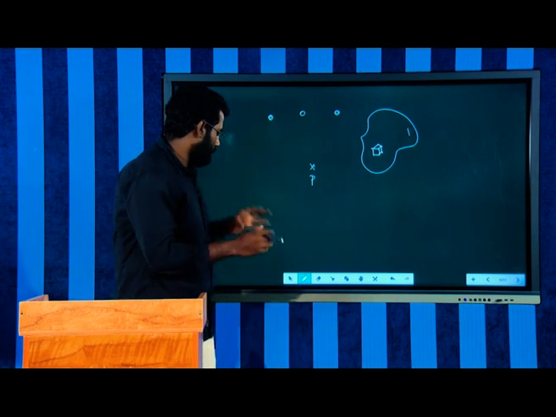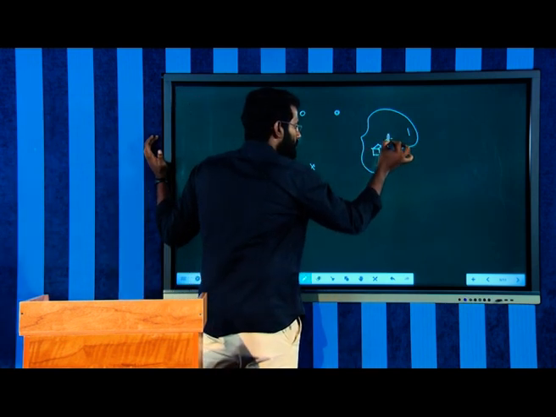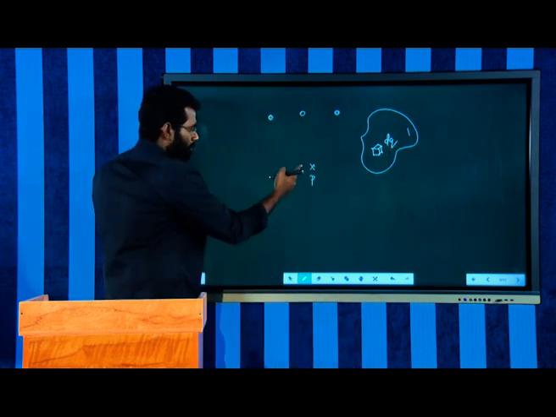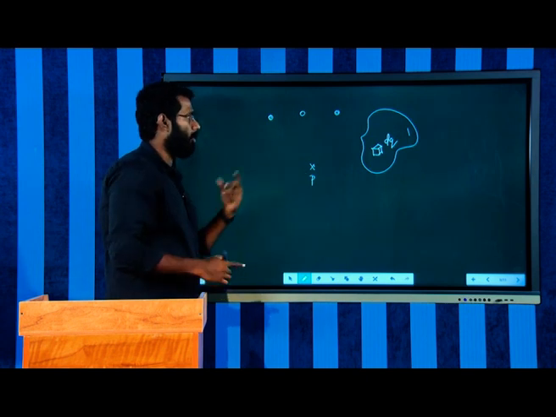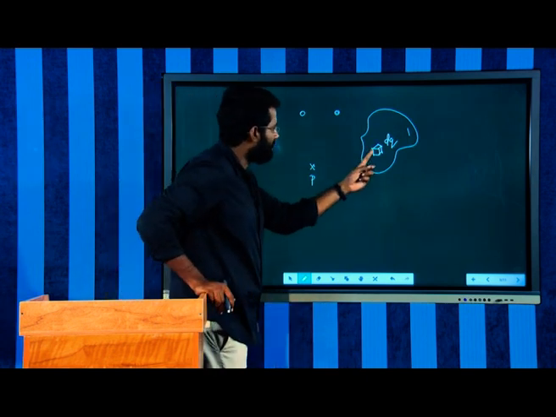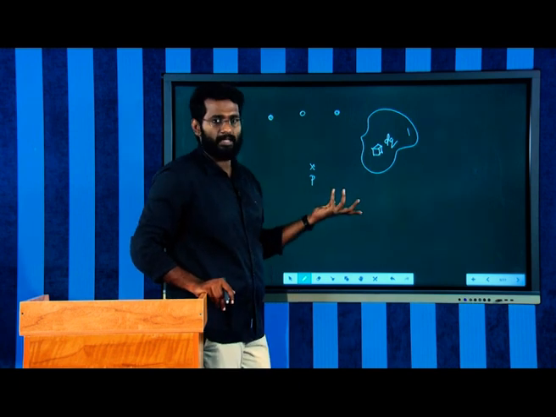Let us assume that this small piece has a charge dq. Looking at this charge dq from this point P, you can consider this piece as a point charge. Now, we can write the equation for that easily.